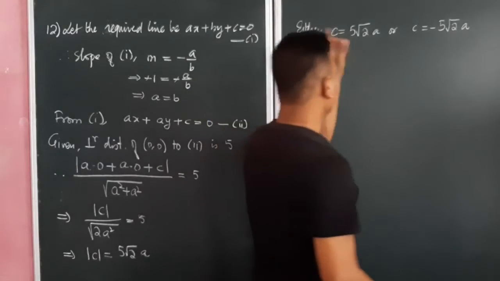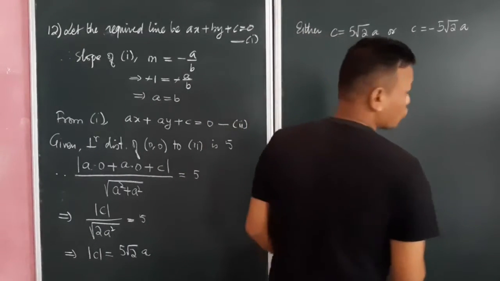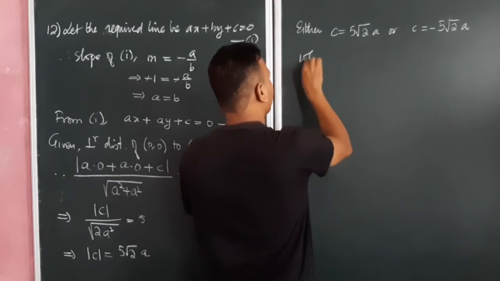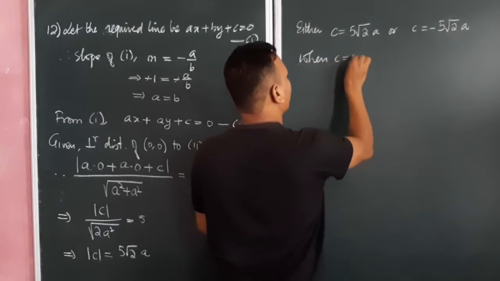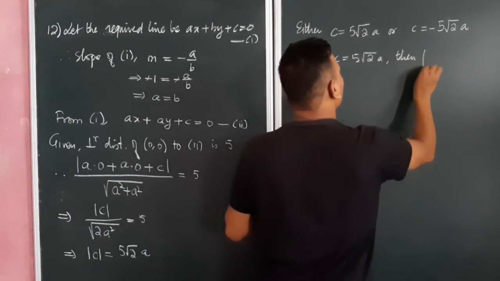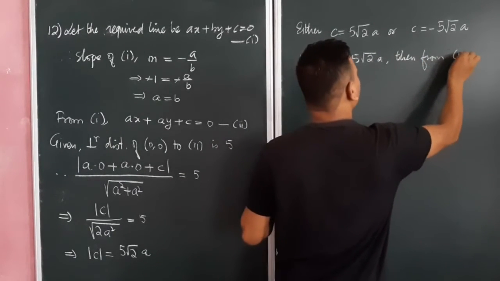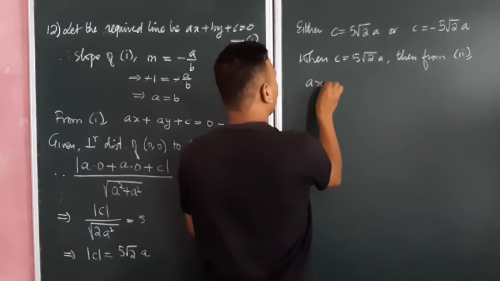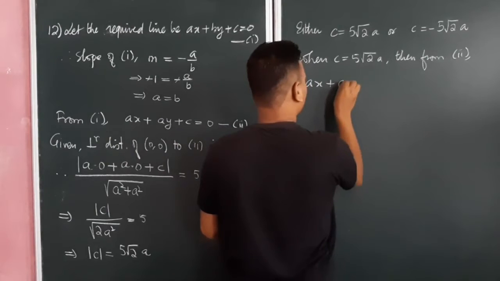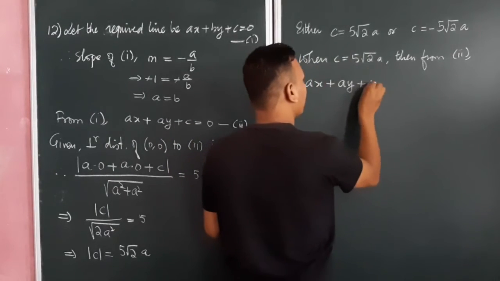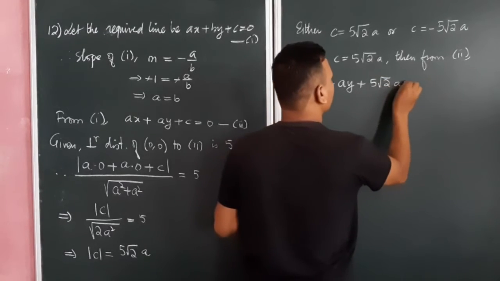Now let us substitute the value of c in equation 2. When c is equal to 5 root 2 a, from 2 we get ax plus ay plus 5 root 2 a equals to 0.